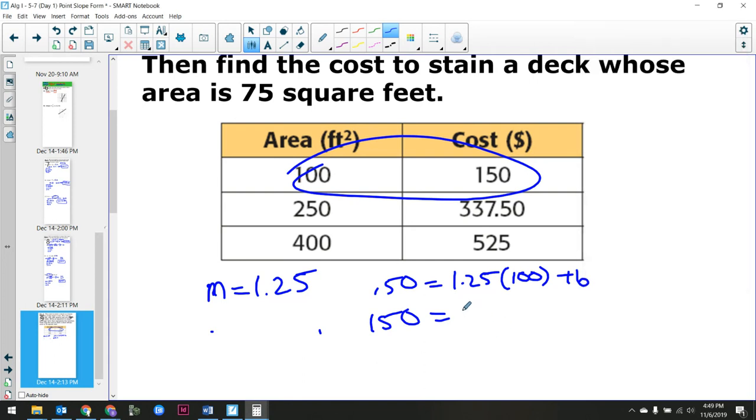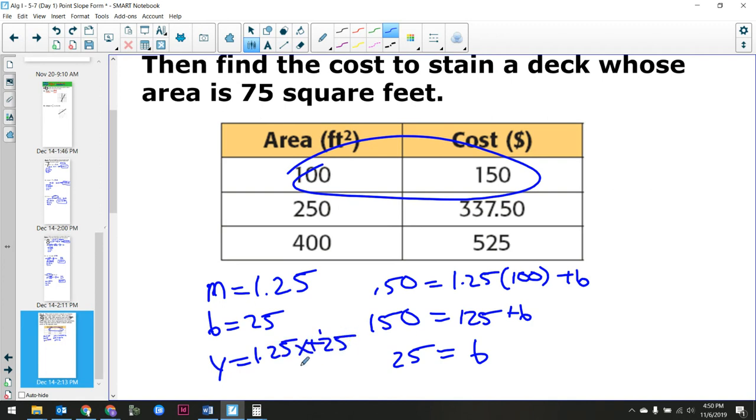So 125 plus b. So 25 is b. Okay. So that means b is 25. Y equals 1.25x plus 25. There's my equation.